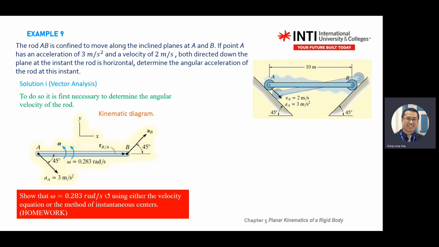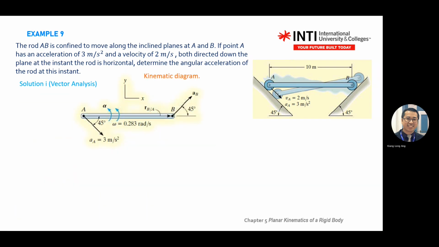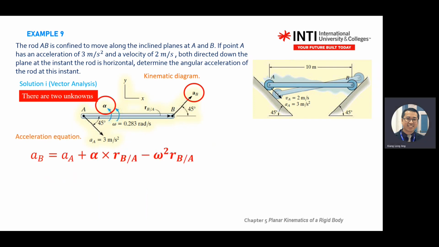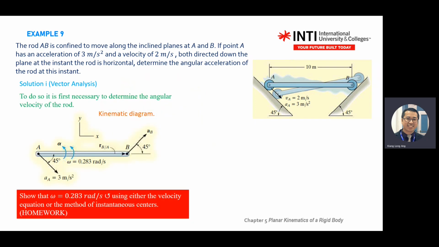Velocity is here. So the rest you read. Your homework is to do this one, to come up with this one. How you convert from this diagram, V of 2 meters per second, into omega.